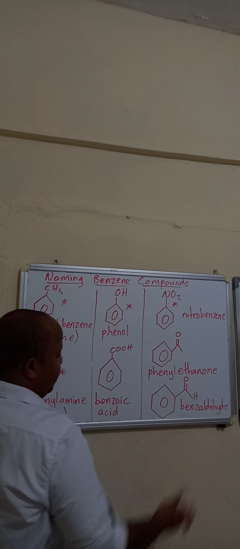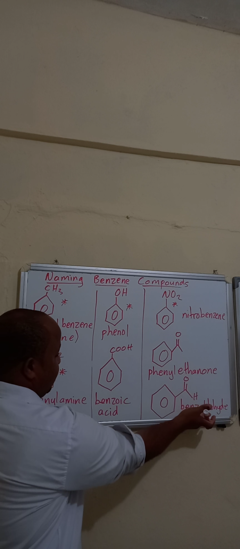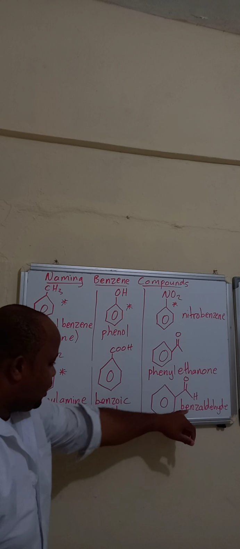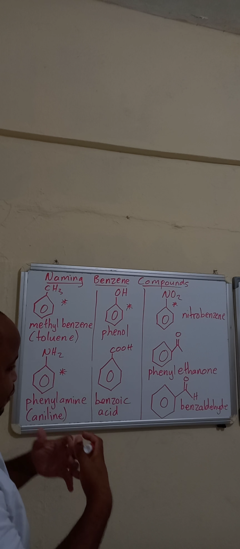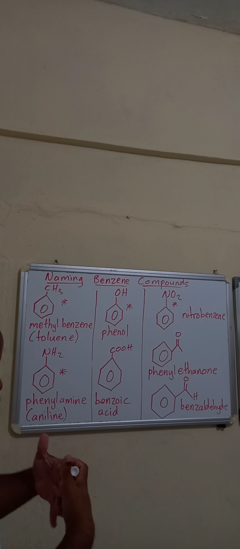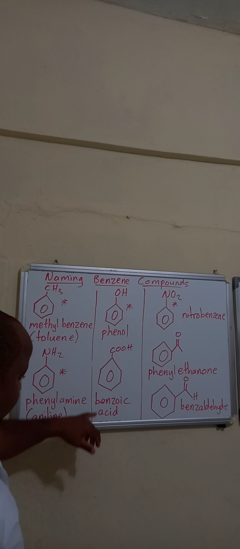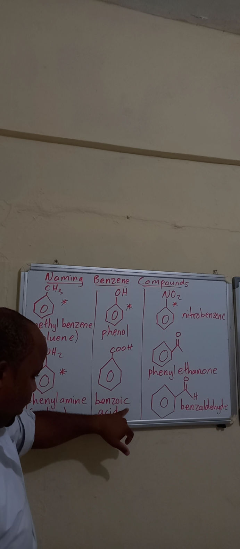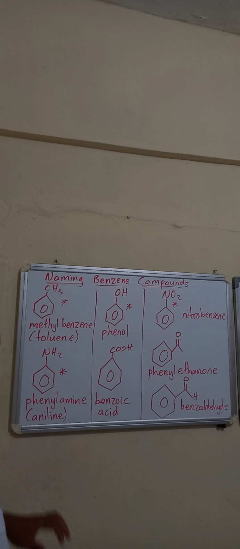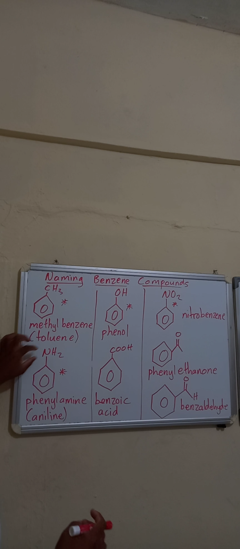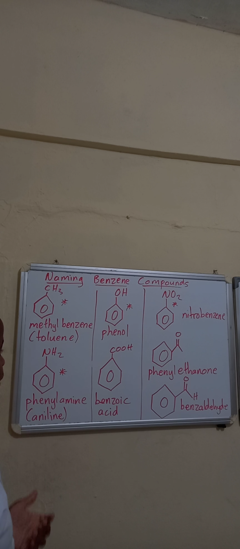And this one's an aldehyde, so we say benzaldehyde. With these two, sometimes the benzene and the other functional group name combine as one, as you see, benzoic and benzaldehyde. Alright? So these are the ones with specific functional groups attached.